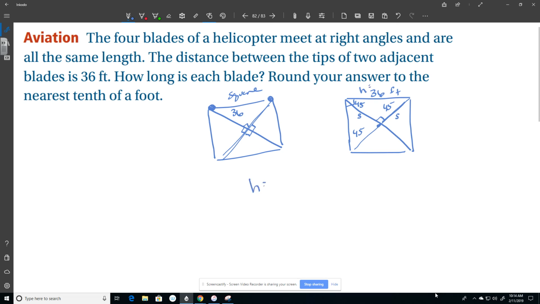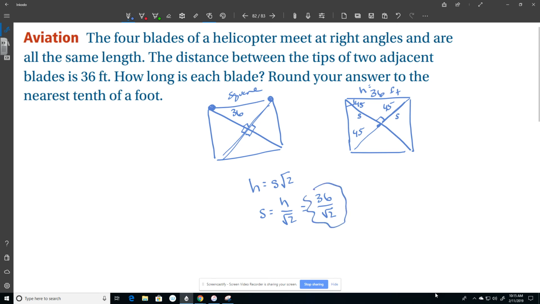So if the hypotenuse equals the short side times the square root of 2, I know the hypotenuse. So I'm going to use my other formula to find the short side that says the hypotenuse divided by square root 2. So hypotenuse goes on top, 36 divided by square root 2. That looks like a good answer.